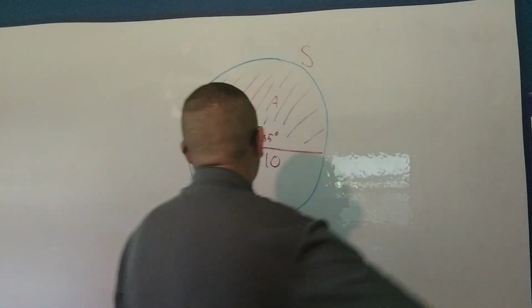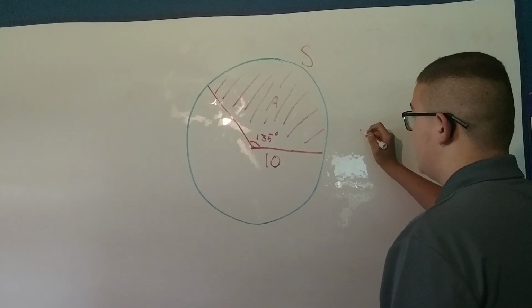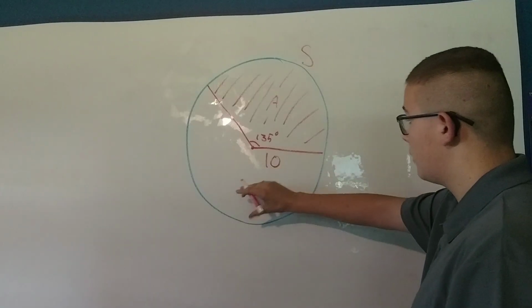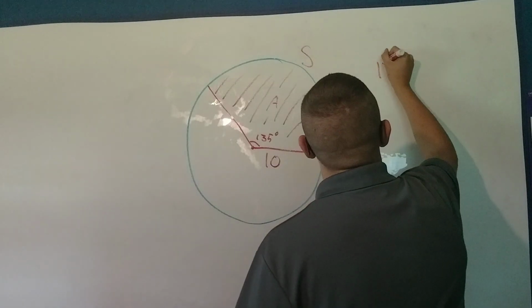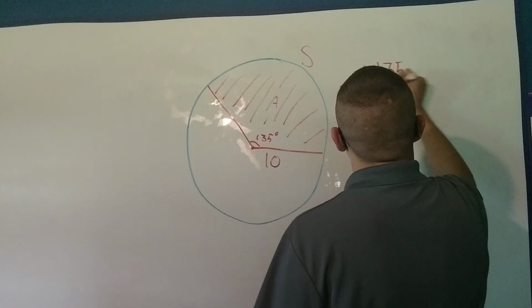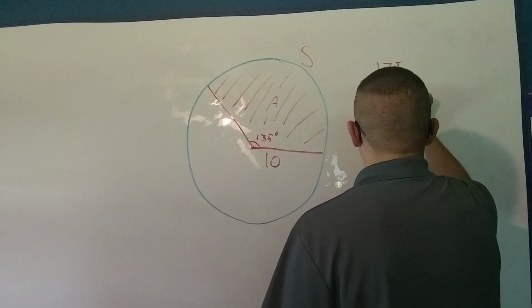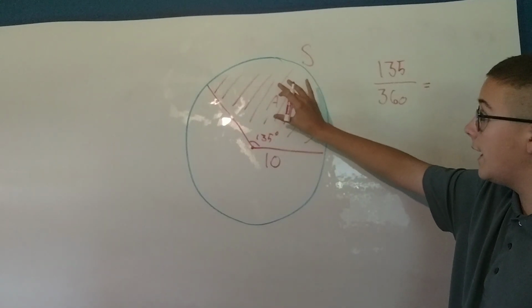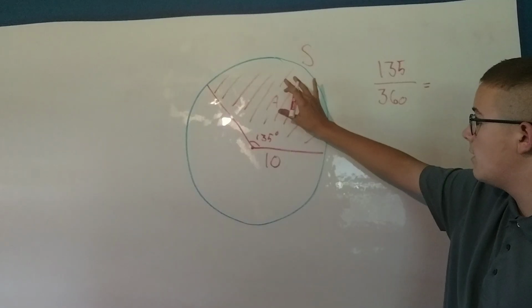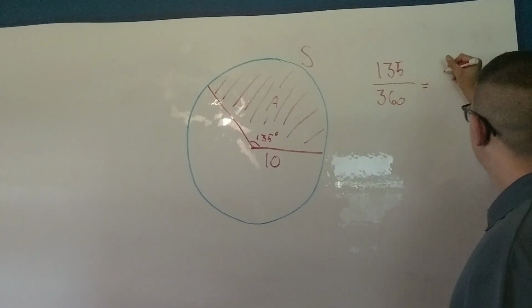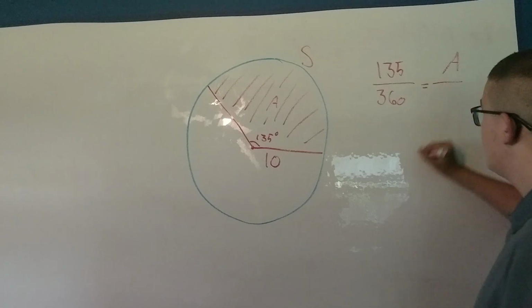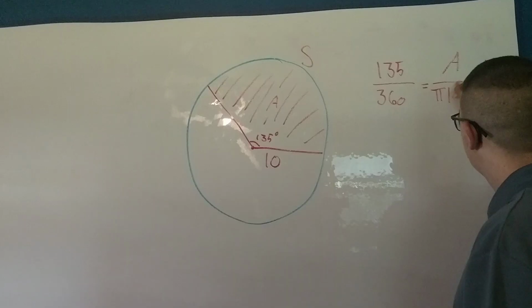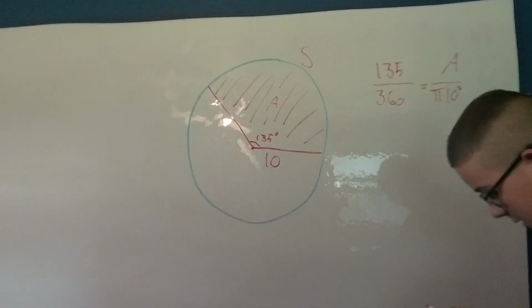Okay, so from here, we can take our part of the angle over our total angle. So 135 over 360 equals our part of the area. We'll do the area first. Part of our area over our total area. So A is our part of the area, and our total area is pi times 10 squared, pi r squared.